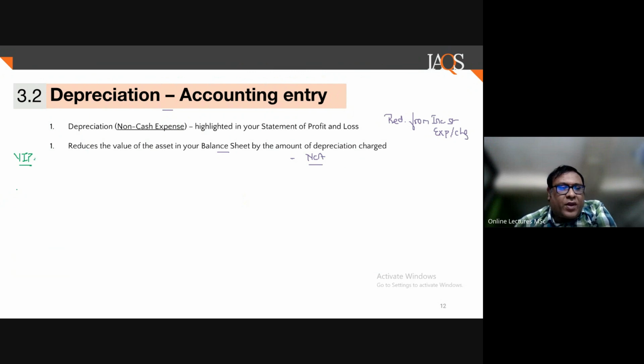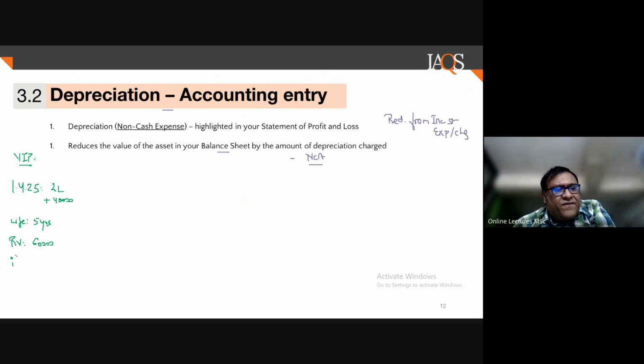Pay attention. We purchased the asset on 1/4/25 for 2 lakh plus installation cost of 40,000. Expected life is 5 years. Estimated residual value after 5 years is 60,000.